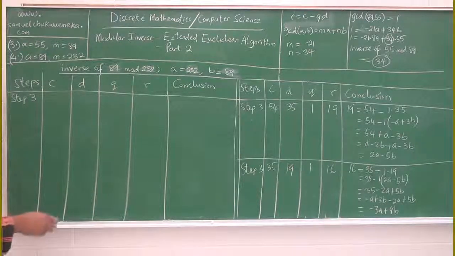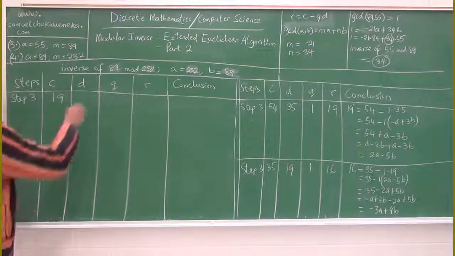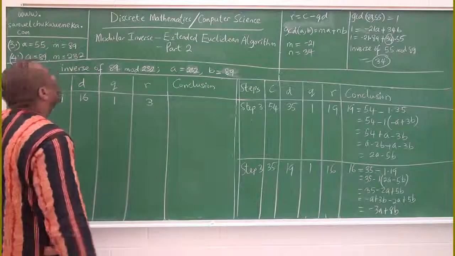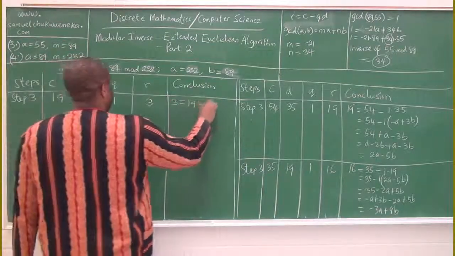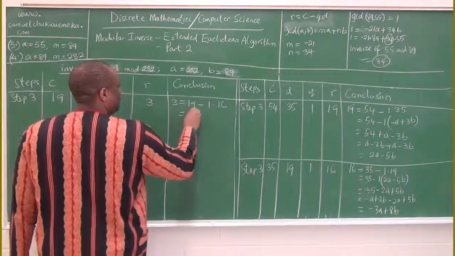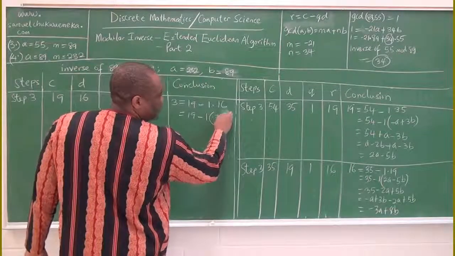and this will be 19, and this will be 16, and this will be 1 remainder 3, right? And this will be that 3 is equal to 19 minus 1 times 16, which is 19 minus 1 times negative 3A plus 8B.